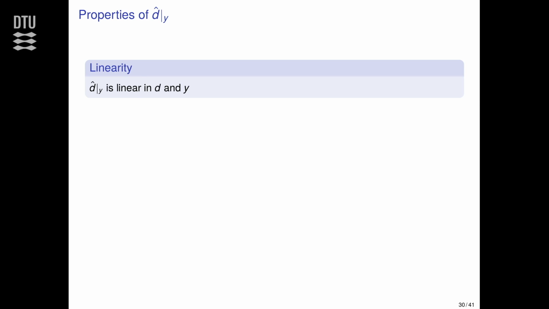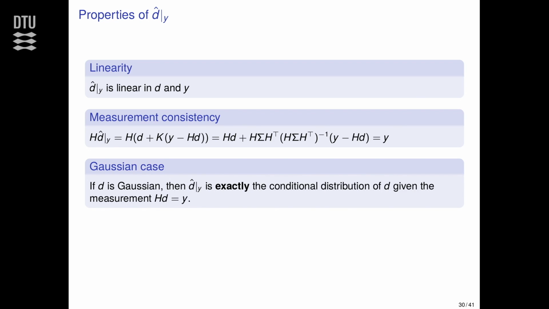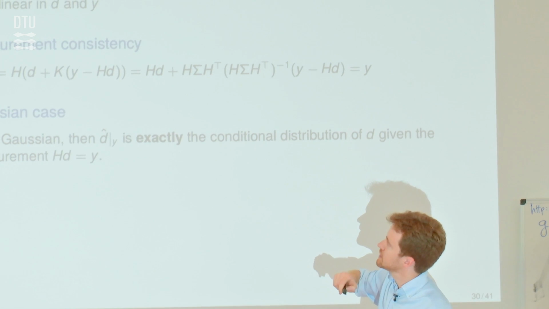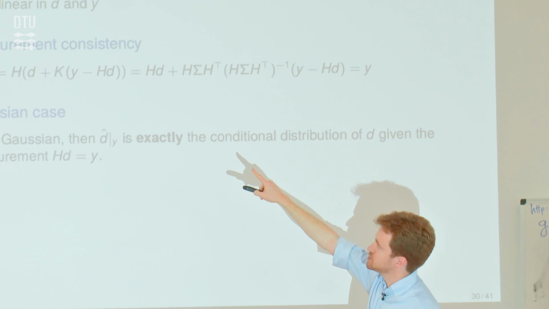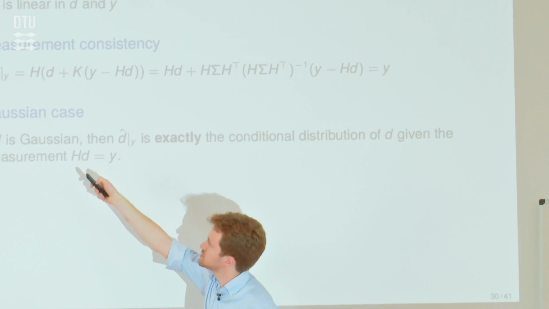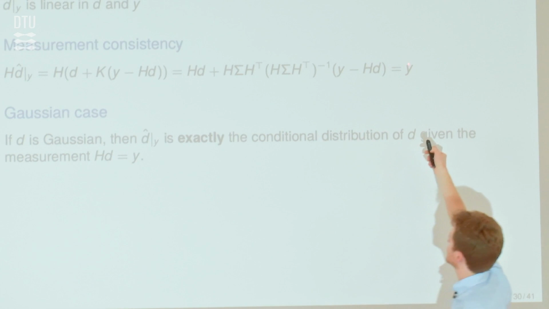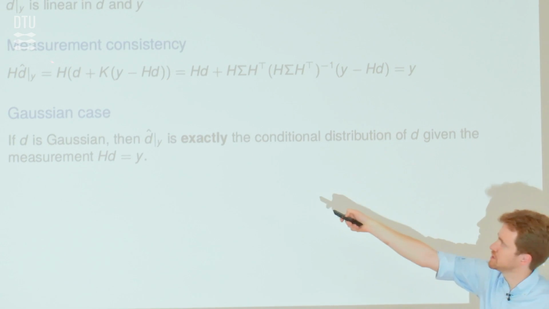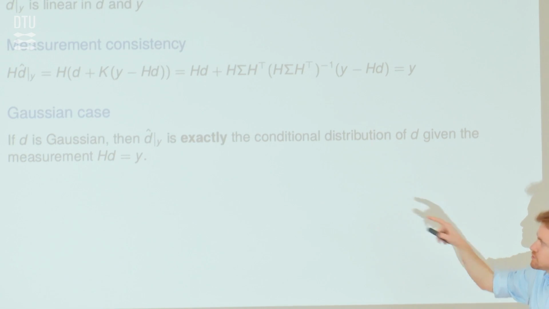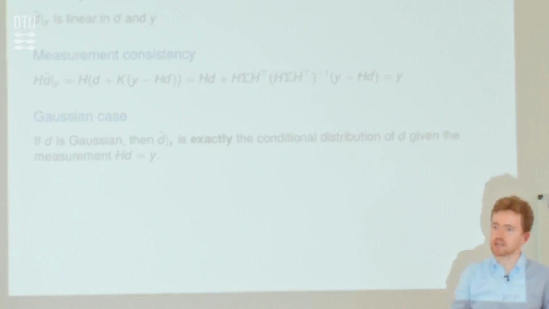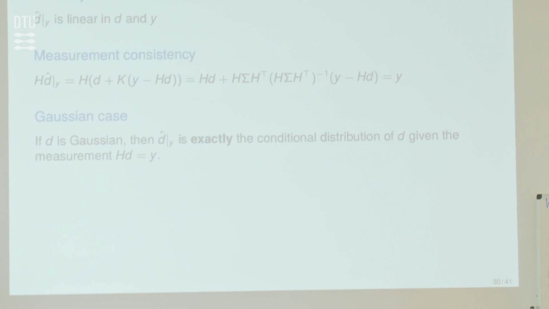Well, it is. The nice thing about this operation that I proposed is that it is a linear operation, or affine if you consider y as well. It's consistent with the measurements. So if I do the measurements on my projected samples, I get exactly y. It's a simple operation. And for the Gaussian case, that's exactly the conditional distribution.